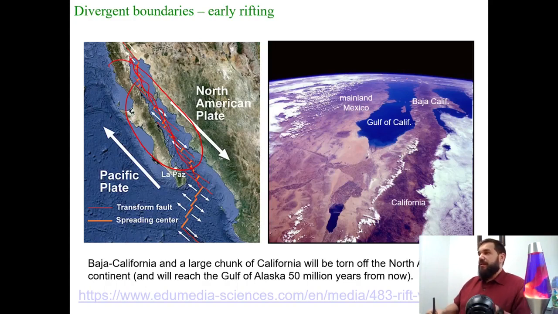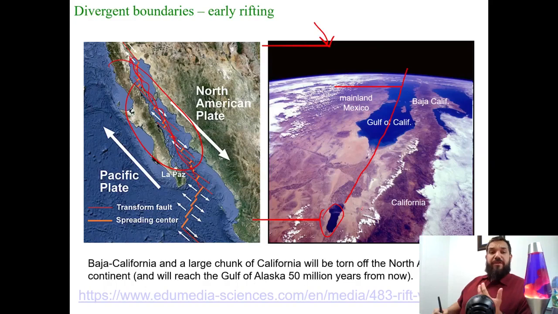And if you take a look, this is kind of interesting. Take a look at the satellite view right here. You're hovering over Los Angeles and you're looking south. You see the Gulf of California here. And notice what we see as we move along. We see this big lake here. This is called the Salton Sea. It's in Southern California.